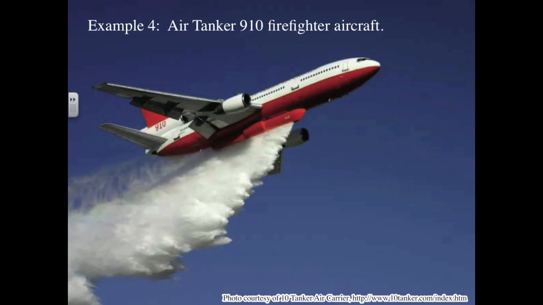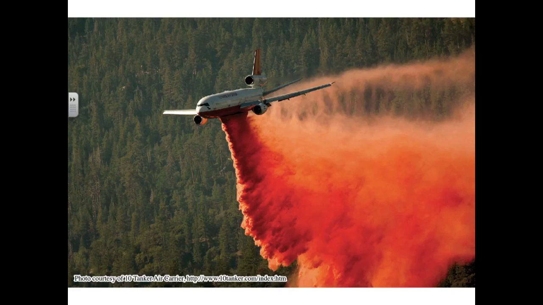As an example, consider the firefighting aircraft shown in this and the next slide. Here there is a compartment in the belly of the plane having a rounded gate that matches the shape of the aircraft's fuselage. The compartment is filled with fire retardant, and the plane takes off, makes its way to the forest fire, and dumps its load. The mechanism that holds the retardant in place must exert a certain threshold force to keep the gate closed.